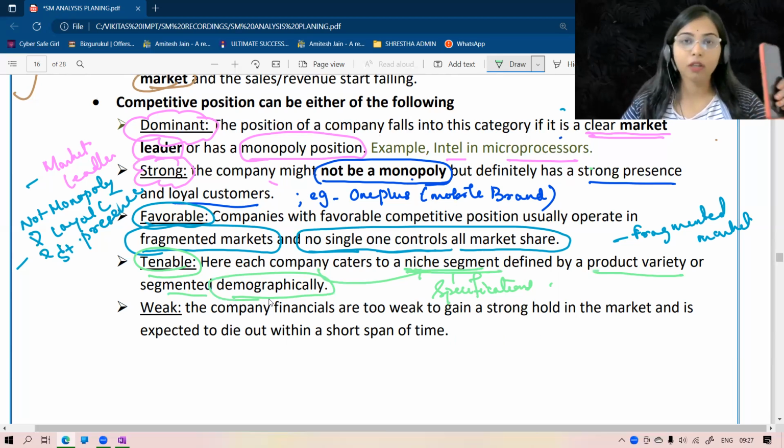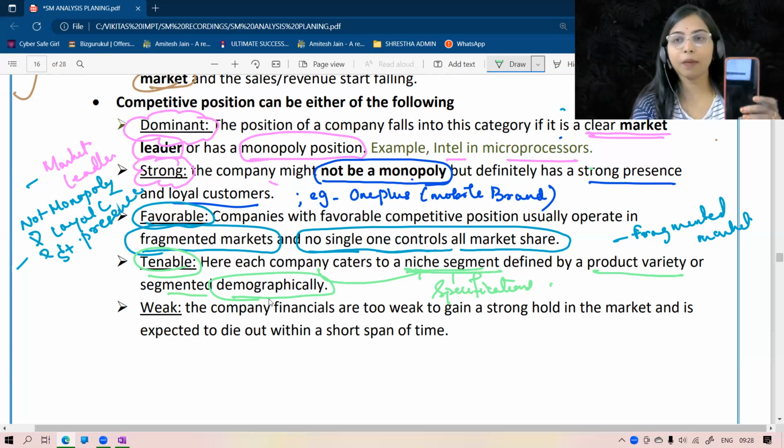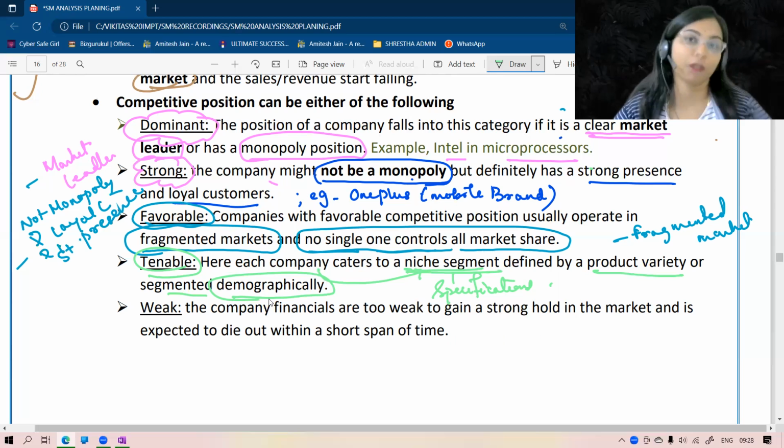Now another example. We have phones, I think Oppo, and many other phones, where you see the front camera. Here the pop-up camera is there. I think it is of Oppo, and some other companies have also started it. When Oppo started, it was a niche segment for it.